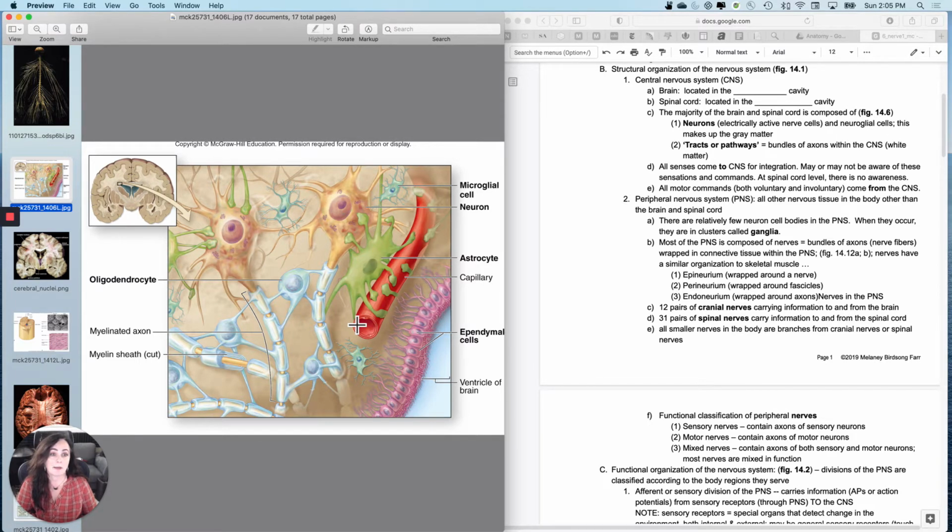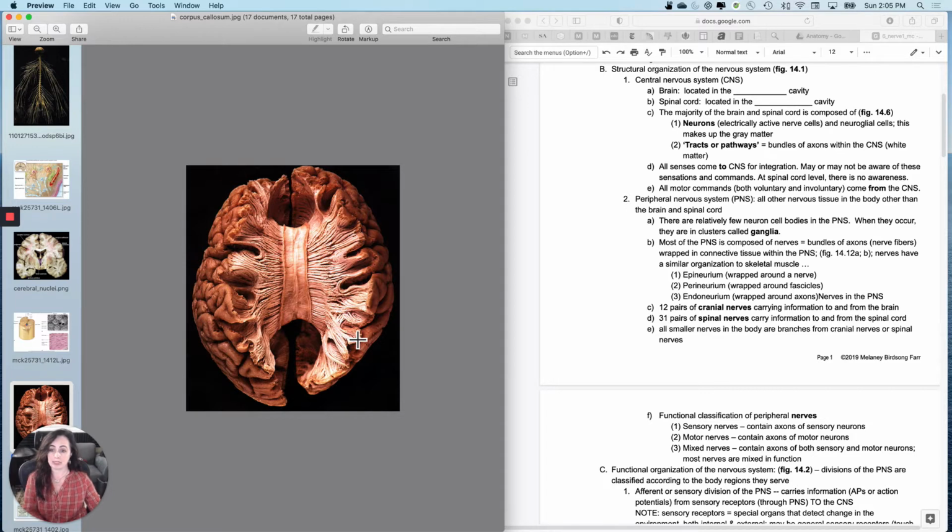So the majority of the brain and the spinal cord is made up of this gray matter, which is neuron cell bodies and glial cells, and then the white matter. And the white matter, again, is the wiring between the gray matter. So you've got all these processors, and then you've got wiring between the processors. So what do you call this part?